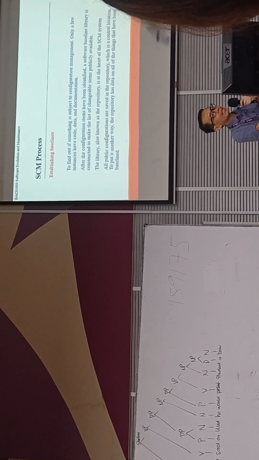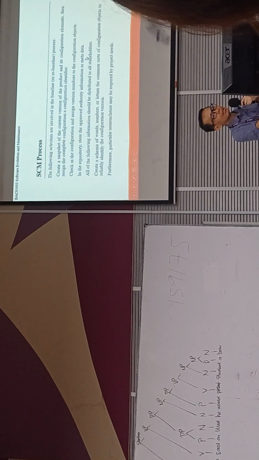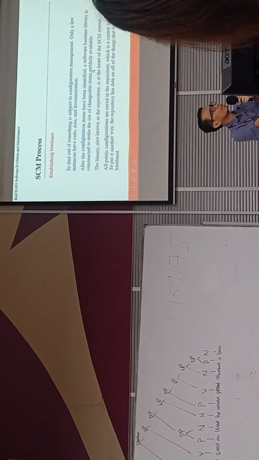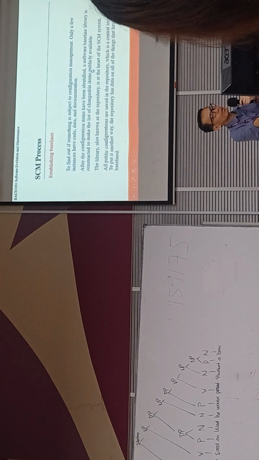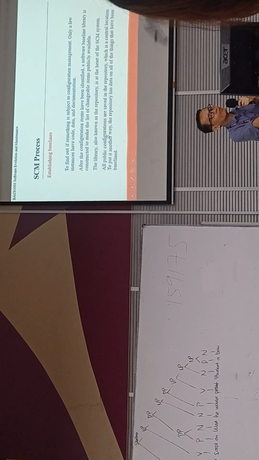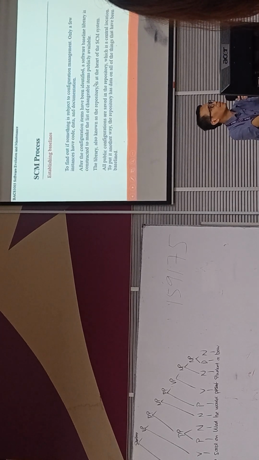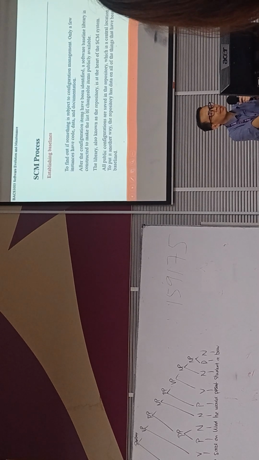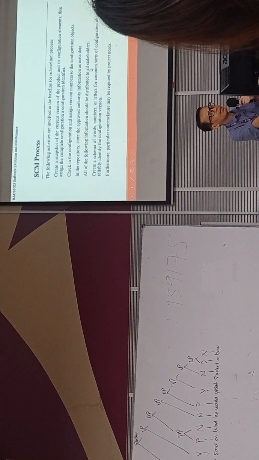Store or record this item in a library, and after that you have to decide the schema of the identifier. So this is under establishing baseline.